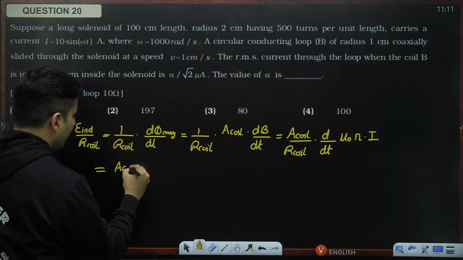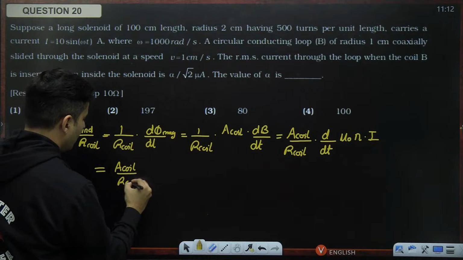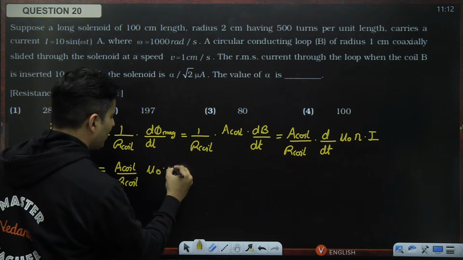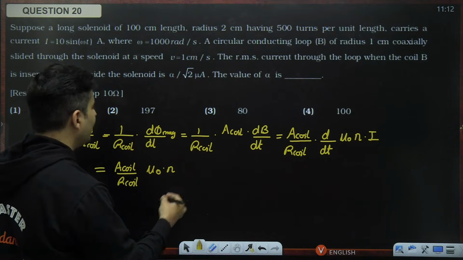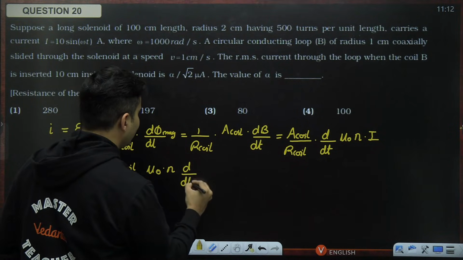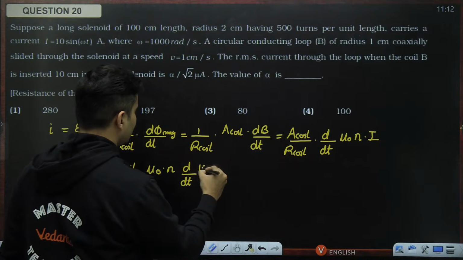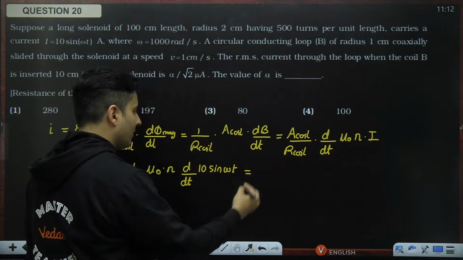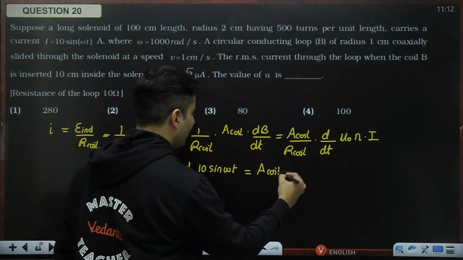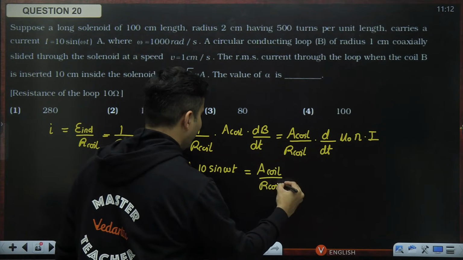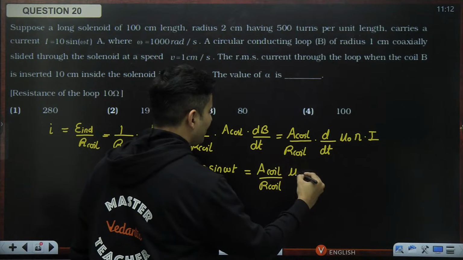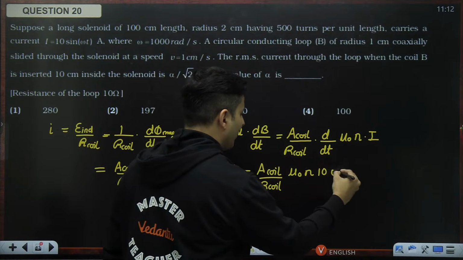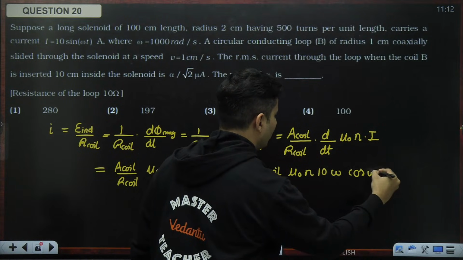Okay, so area of the coil, resistance of the coil, mu naught is outside, N is also outside, and di by dt will remain, but that current is exactly this, which is 10 sine omega t. Okay, perfect. So area of the coil, resistance of the coil, mu naught N is also there, 10 will come outside, even omega will come outside, and you will have cos of omega t.